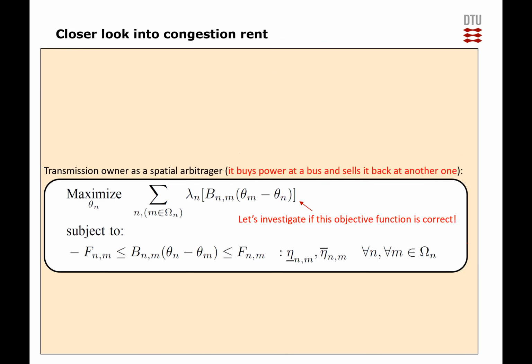Let's investigate the objective function of the transmission system owner. And also let me check the chat box. Maren asked about externalities. If there are externalities, the only way is that you need to solve your optimization problem, but you know that there is no equivalent equilibrium problem, and some players may deviate.